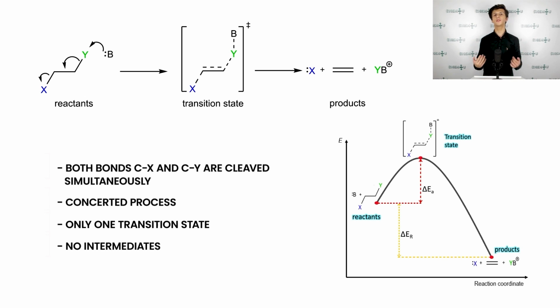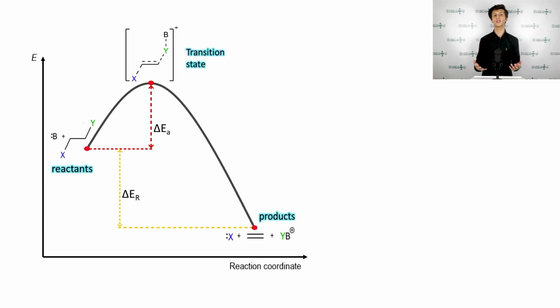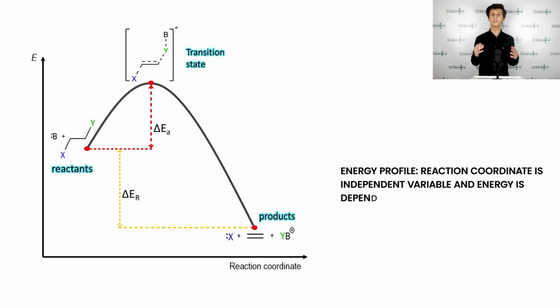In order to better understand the first possibility of elimination, let us take a look at the energy profile of the reaction on the slide. It is obvious that it is a graph, where the reaction coordinate is an independent variable and energy is the dependent one. To be honest, the energy profile of the reaction has a clear mathematical definition.